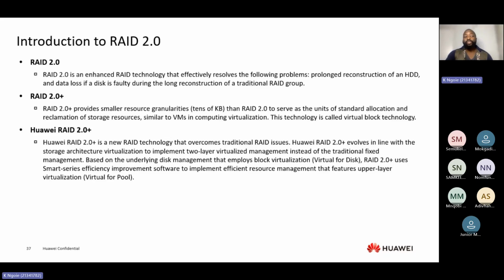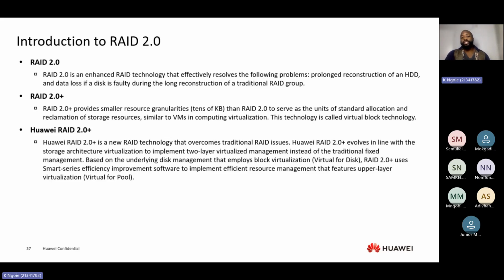So if there's any problem, only the affected blocks are rebuilt in parallel across disks. So obviously it's going to have really high reliability, because now we can rebuild the disk without losing the data, because we are rebuilding all the disks at the same time and making sure that we are rebuilding only those small portions of the disk that have been affected.